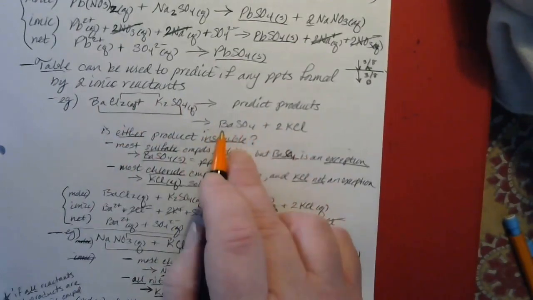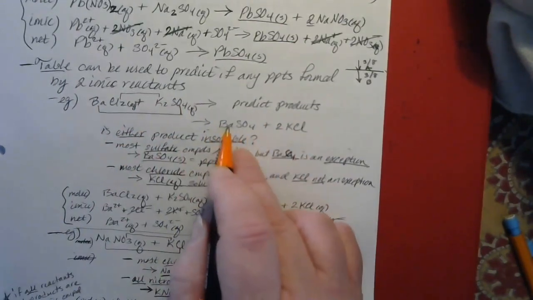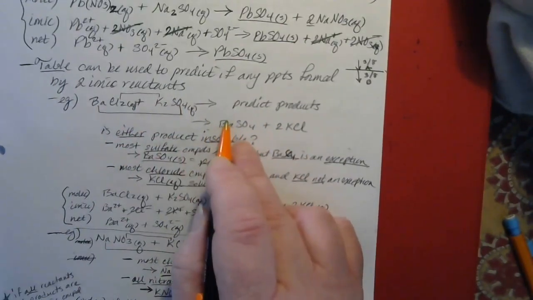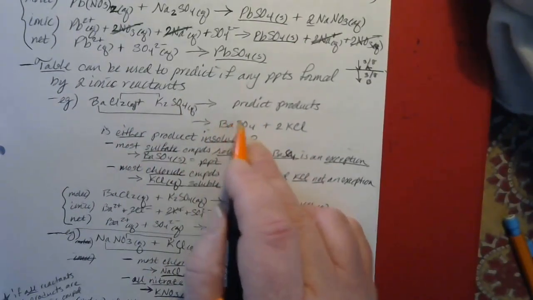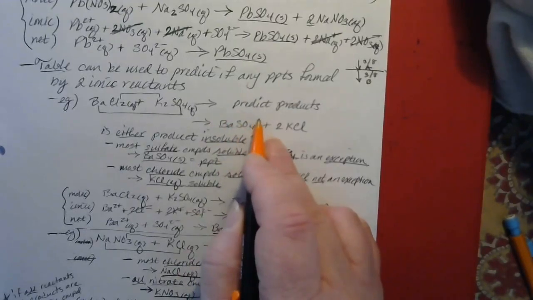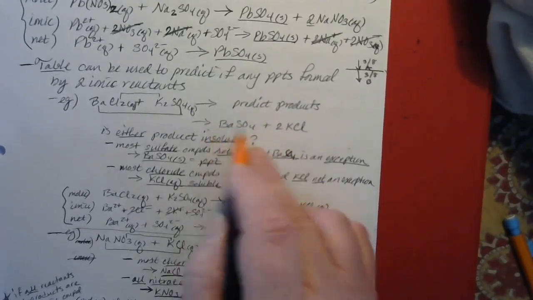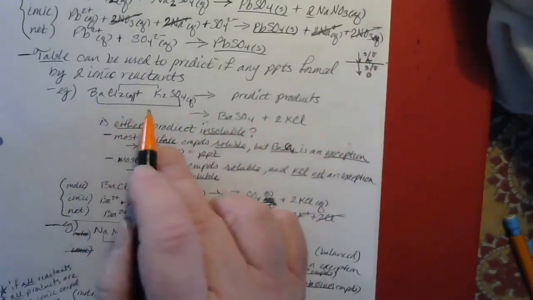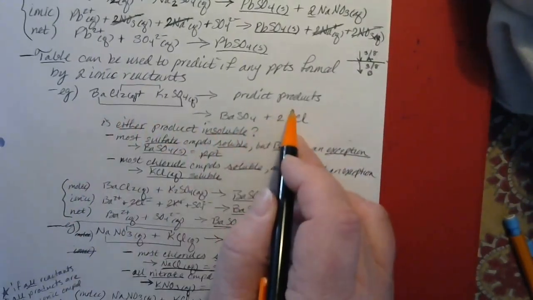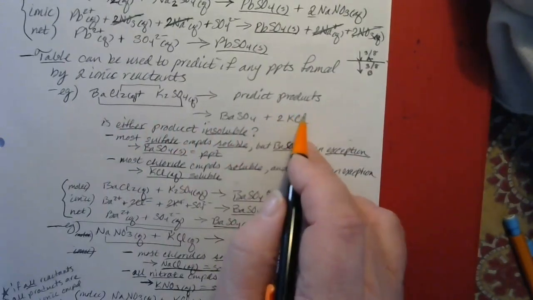The formula for barium sulfate is just BaSO4 because barium is in group 2A, so it will have a +2 charge on it, and the sulfate ion has a -2 charge on it, so they will go together 1-to-1 in BaSO4. And potassium is in group 1A, so it has a charge of +1.